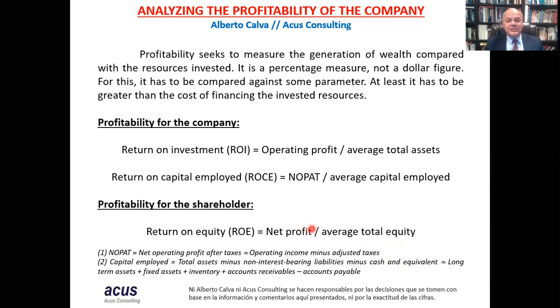And we get the average for the same reason we commented before. And then the net profit is the bottom line in the income statement. And that's basically the wealth that is for the shareholder. The shareholder will decide how much of this net profit he or she wants to be paid as a dividend, or how much of this net profit is going to be retained as earnings in the company and will be part of the equity in the next year.